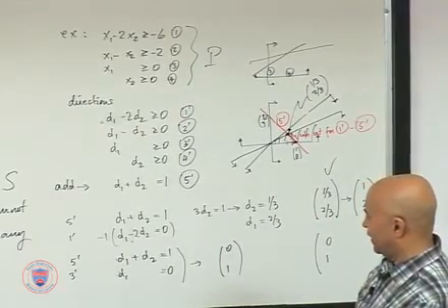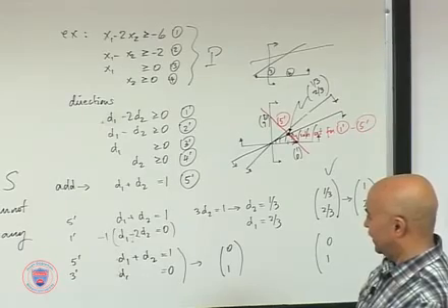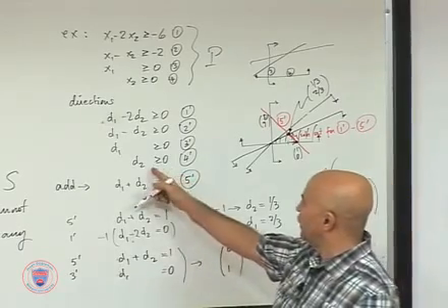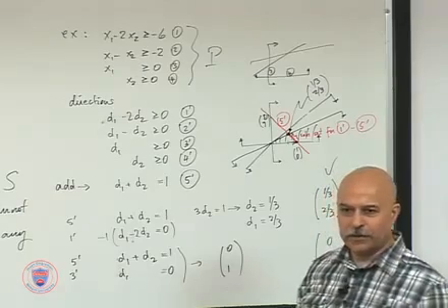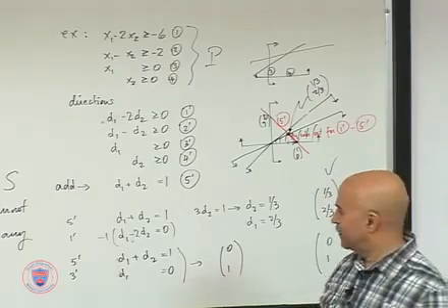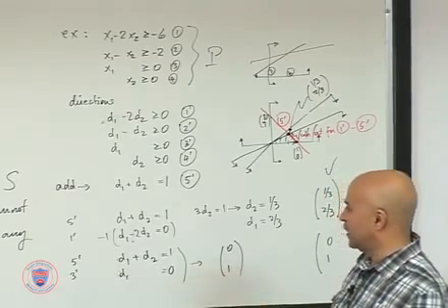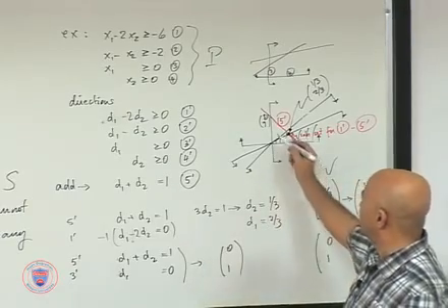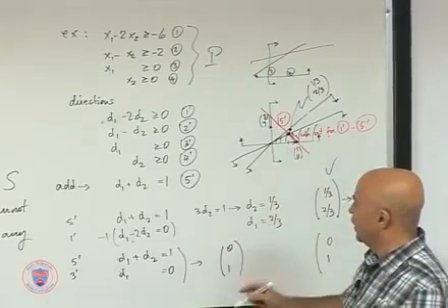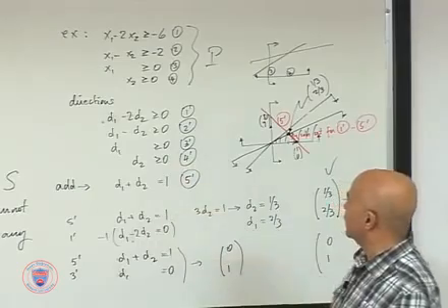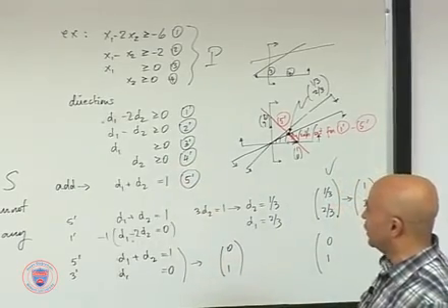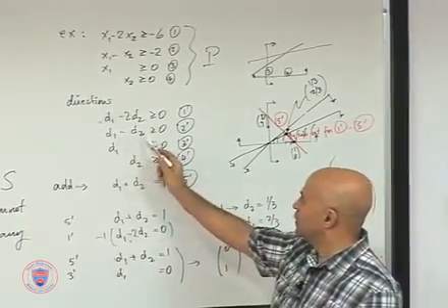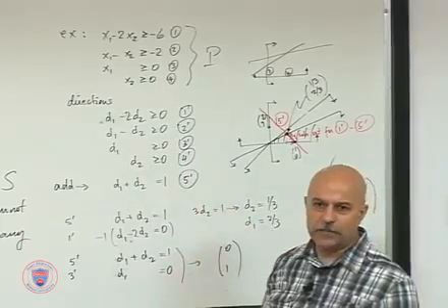We had better take the fourth constraint, not the third one. But this is not a direction. It points this way, and it should be violating at least one of the constraints. Which one does it violate? 0 minus D2. Number 2 prime is violated.